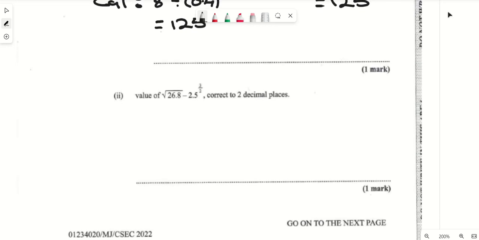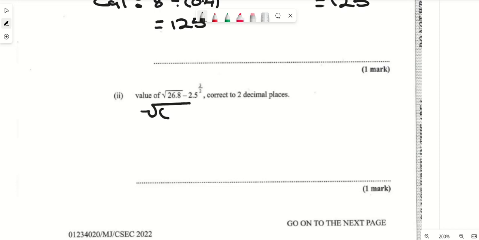This one, same thing, I'm going to use my calculator. I'm not even going to attempt to do this manually. So it's going to have a sign that looks like a square root. That looks like this, not like this, hold on. That on your calculator will look something like this.